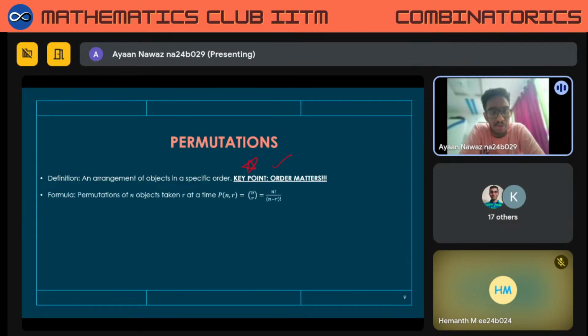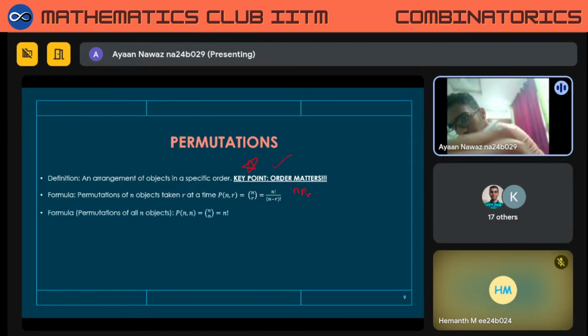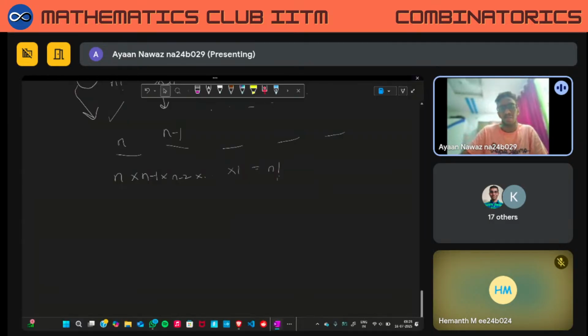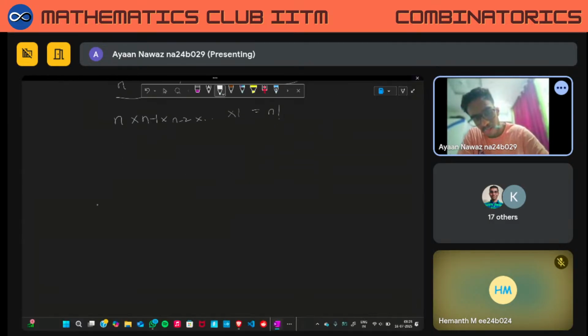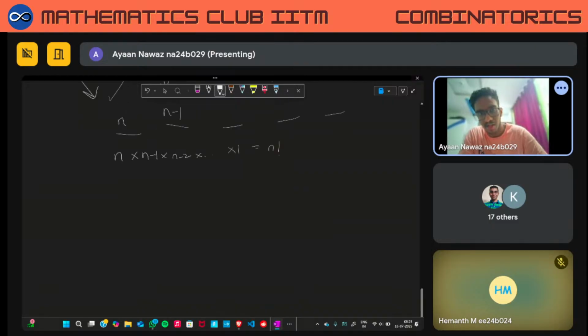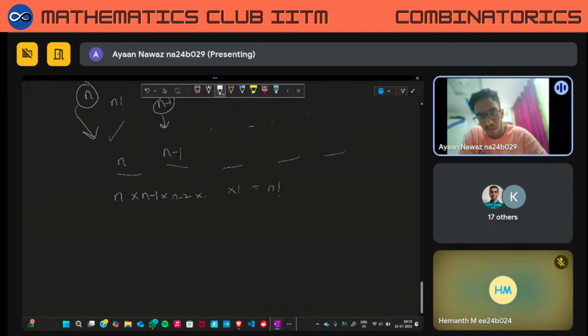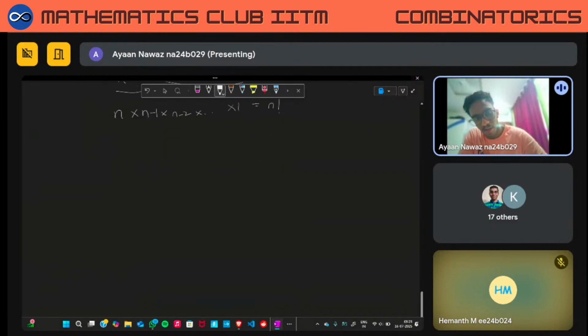So, the formula of permutations is that permutation of n objects taken r at a time is nPr. This is basically nPr is equal to n factorial by n minus r factorial, right? And why is it n factorial by n minus r factorial? So, the same case, okay, but I'm taking only r at a time.